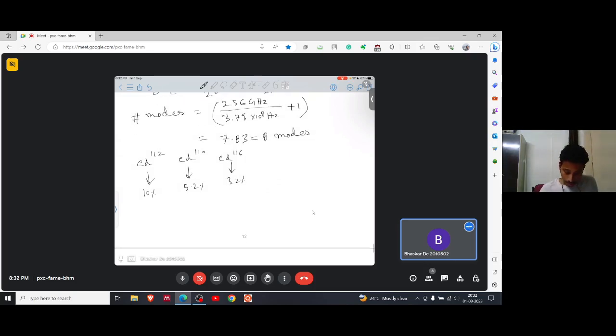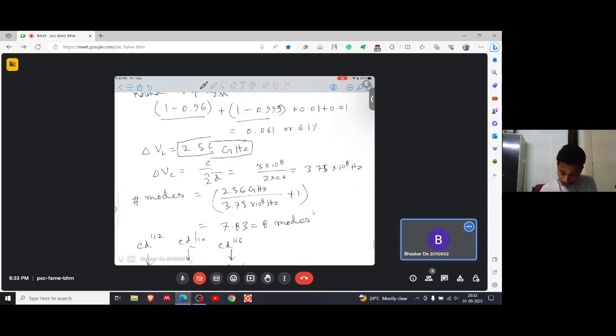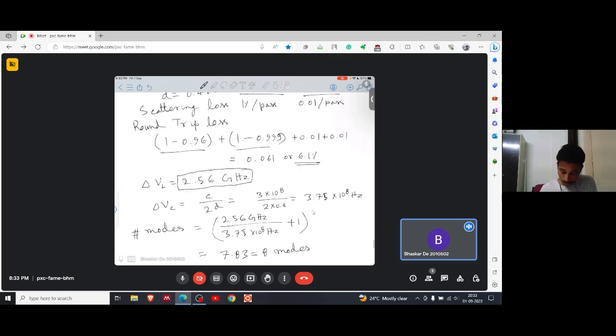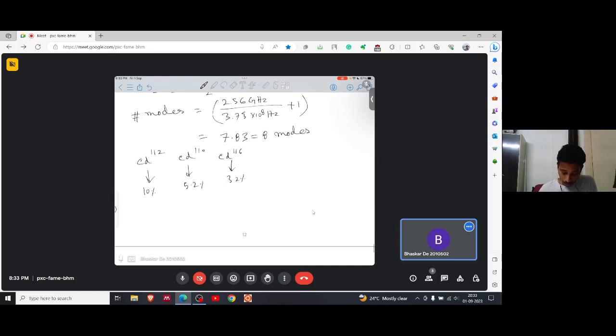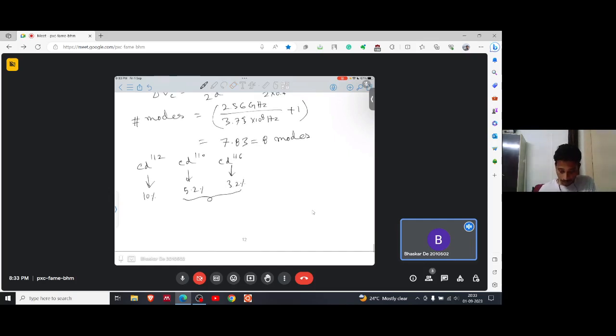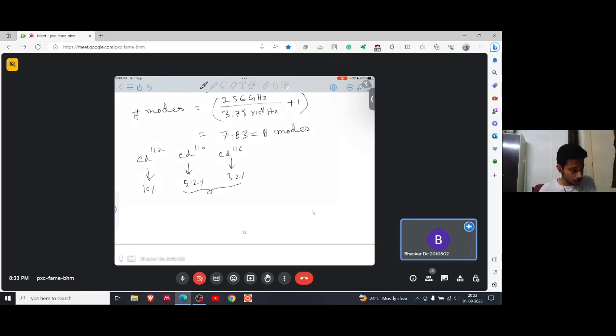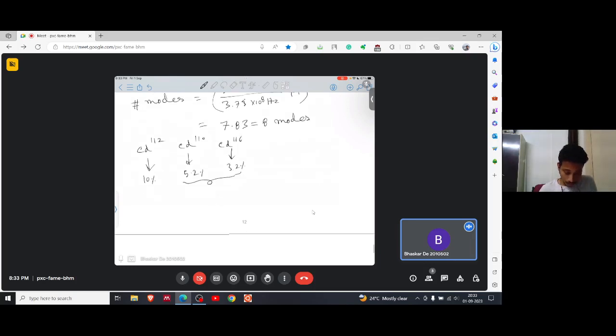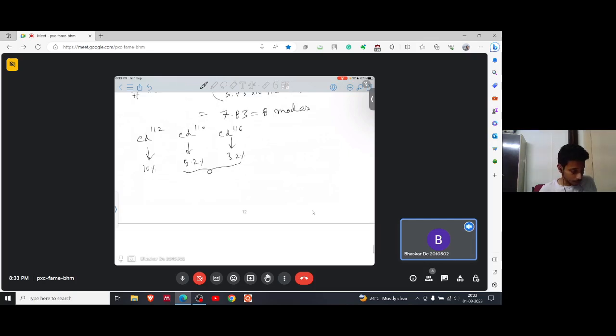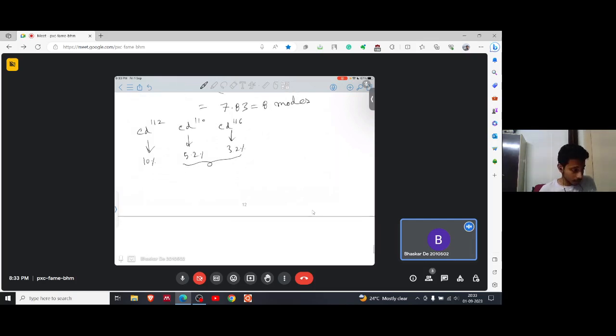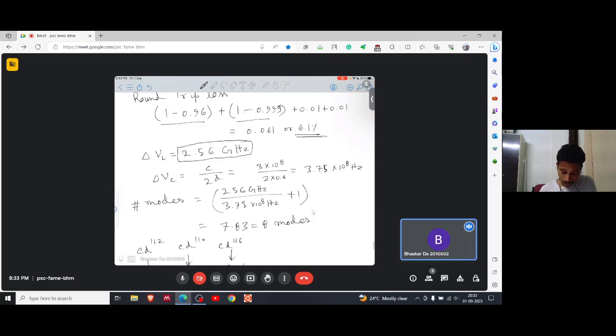Considering the gain, the loss is 6% here, so these two isotopes will not do anything for this lasing action, only this one will do the lasing. And for this cadmium we have the bandwidth of 2.56 gigahertz.